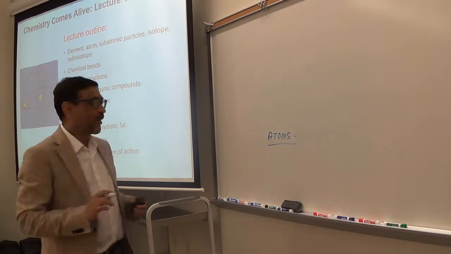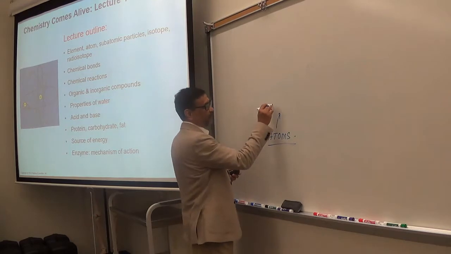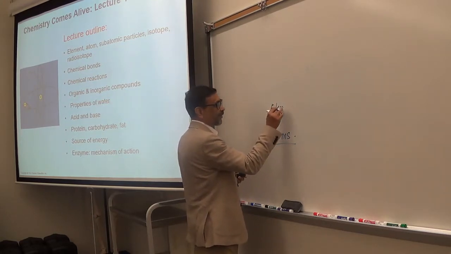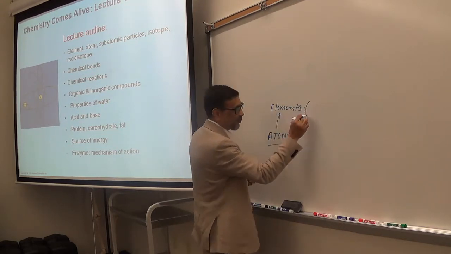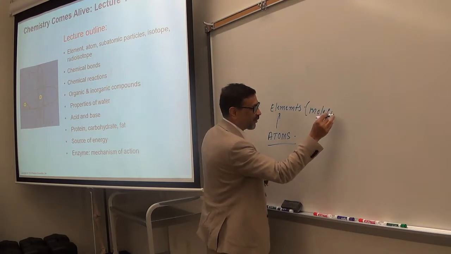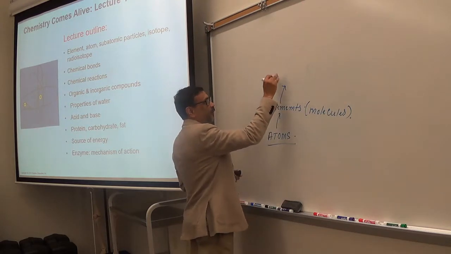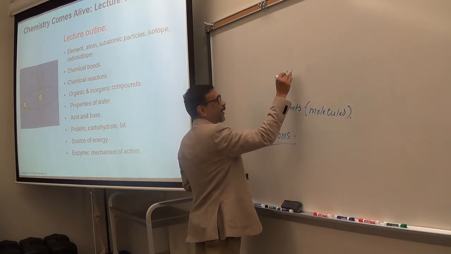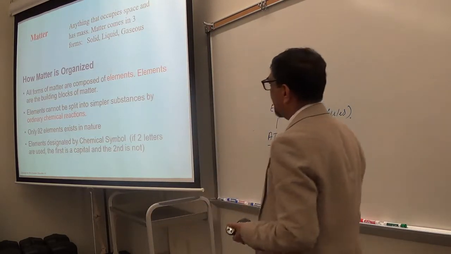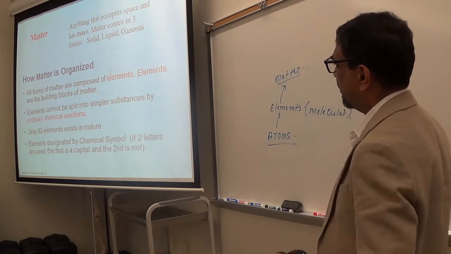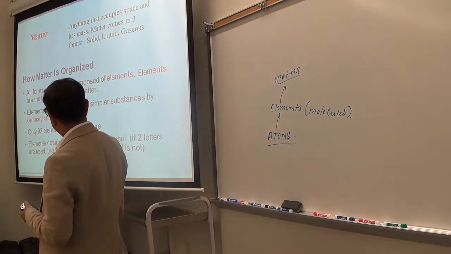So, atoms join together to form the elements. And yeah, elements are formed by molecules, that's right. Okay, then elements join together to form the matter. Okay. So if you see from the smallest to the largest, atoms, then elements, then matter.